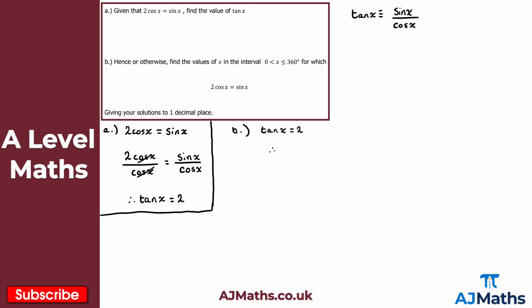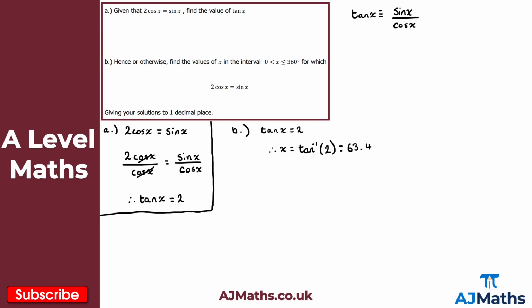So x is equal to tan inverse of 2. Just use your calculator here. If I put tan inverse of 2 into my calculator and give it to 1 decimal place, I get 63.4. That's fine. So that's our first solution.